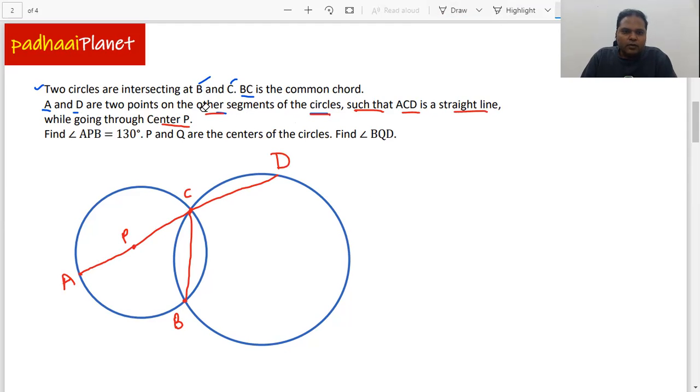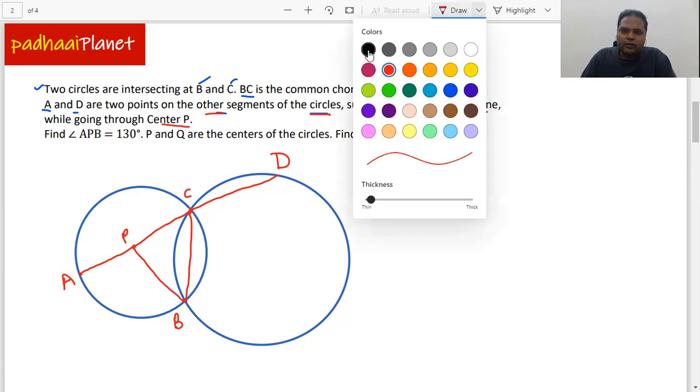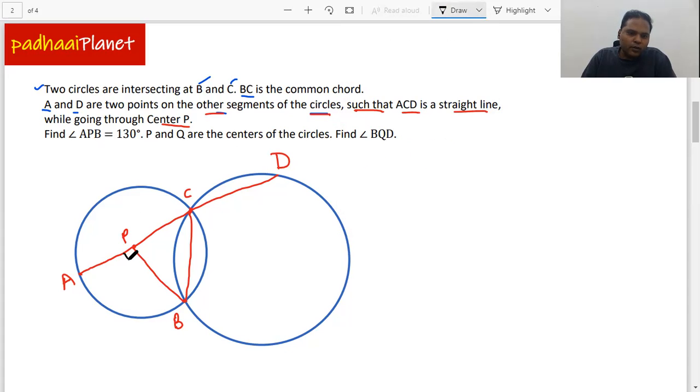So this is how it is, and they are saying angle APB is 130 degrees. So let's also connect A with B, and this angle is 130 degree. This is what is given. P and Q are the centers of the circles, and we need to find angle BQD.